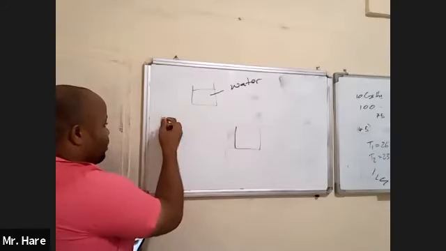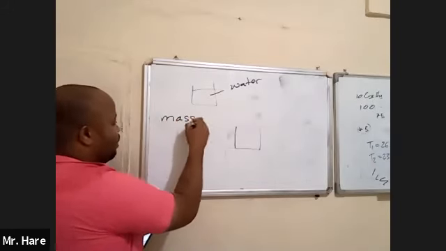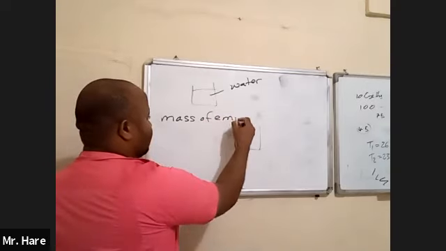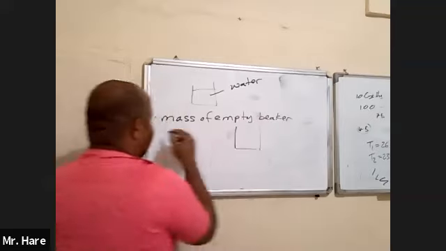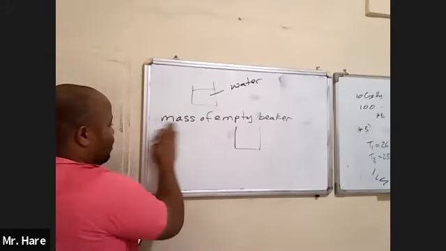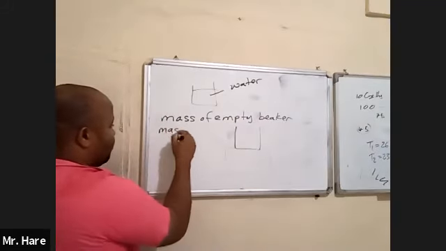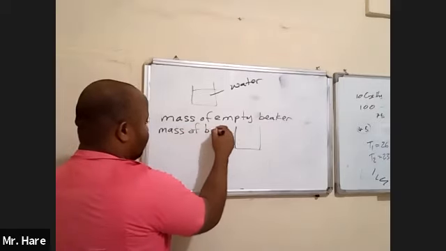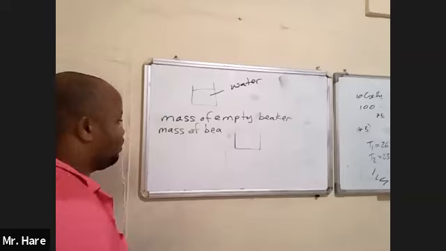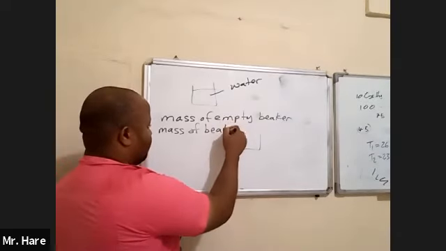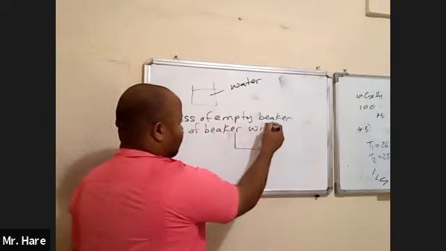So it's mass of empty beaker, and then mass of beaker with water. So one is to pour the water and one is to collect the water. Right. So say after you pipette it, then you weigh it.